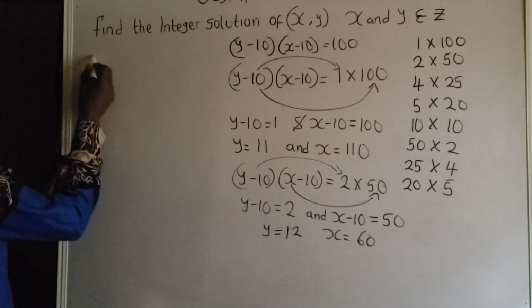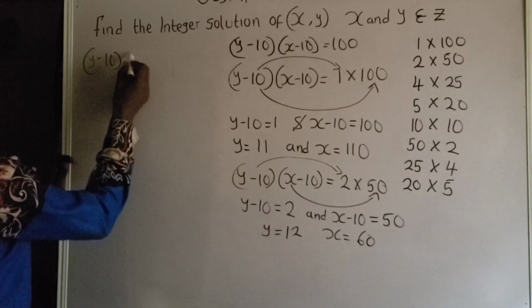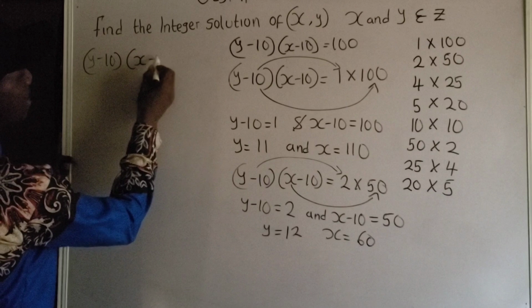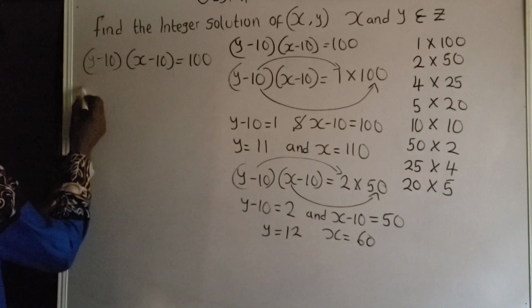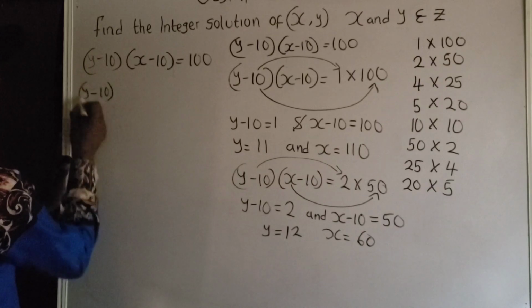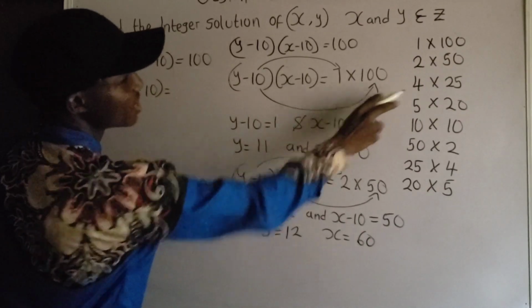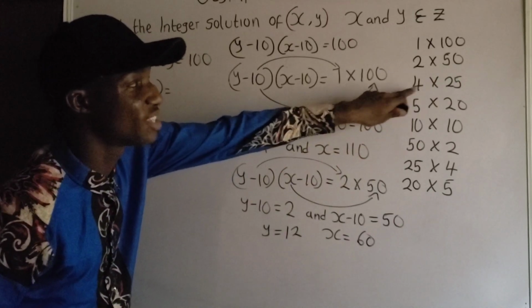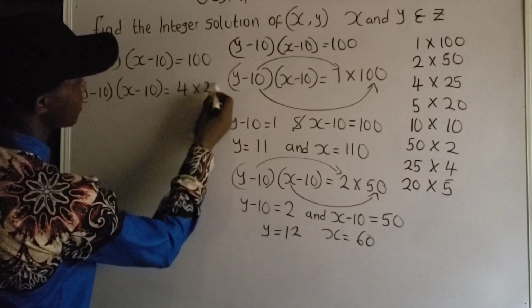So I'm going to have y minus 10 into bracket x minus 10 is equal to 100. For the third expression, the third expression of 100 is 4 multiplied by 25.